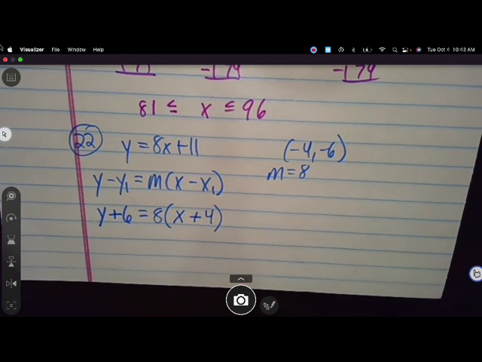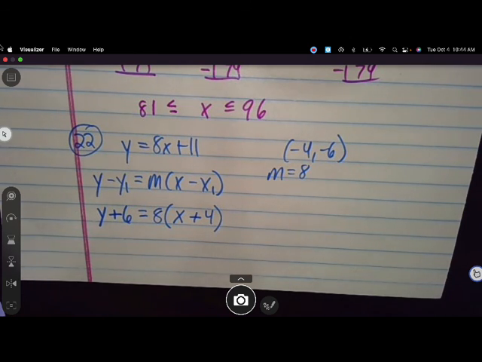Then you would find your answer, and 22 is D. To me, those should be getting way easier. Parallel is the same slope. Even our next one's the same thing. We'll get to perpendicular in a second. But they're going to tell you parallel or perpendicular for a reason. You have to do something with that slope.